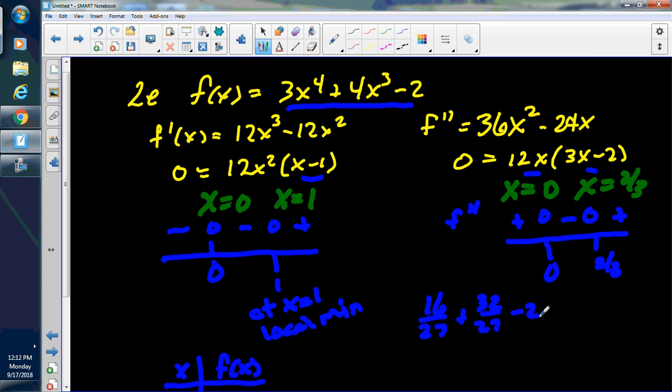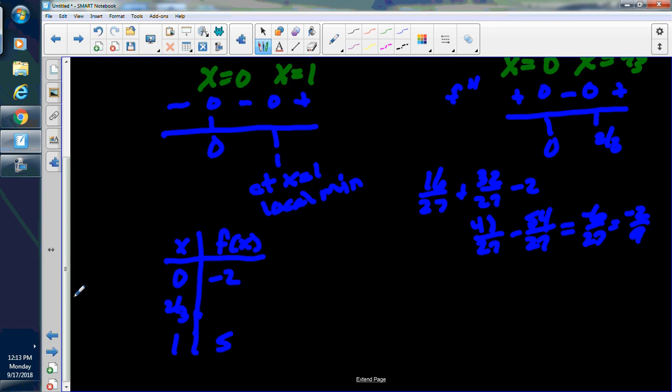So that's 48 over 27 minus 54 over 27, which would be negative 6 over 27, which reduces to negative 2/9. So these are the actual points that we have.